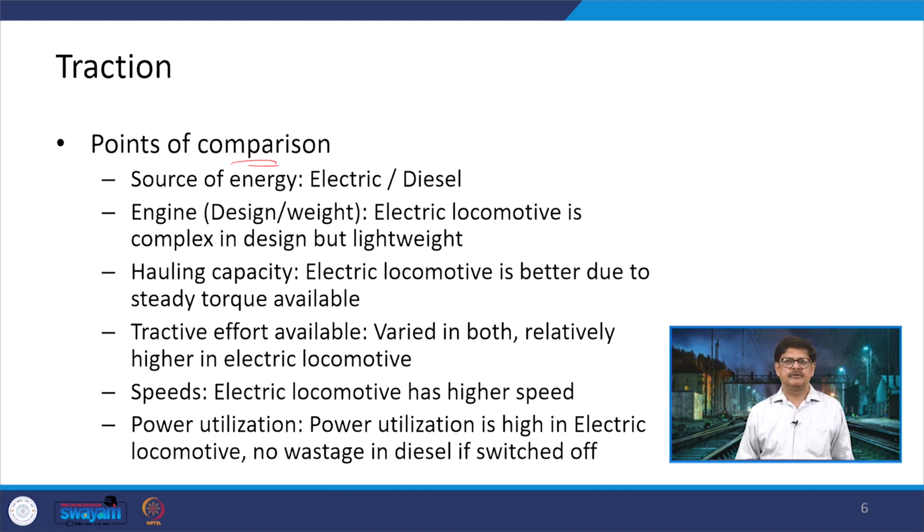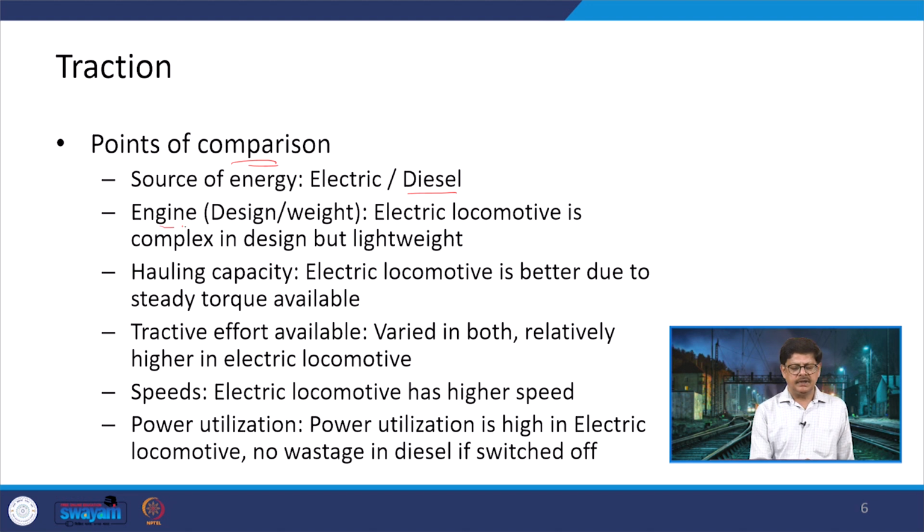From the name itself, the electric locomotives get electricity as a source of energy, whereas diesel locomotives run on the diesel which comes out of the refineries. So, this diesel is already available as an output and is being put as an input here, and electricity is being generated at some other location, and then it is brought to the track by the use of overhead wires through which it is finally taken to the location.